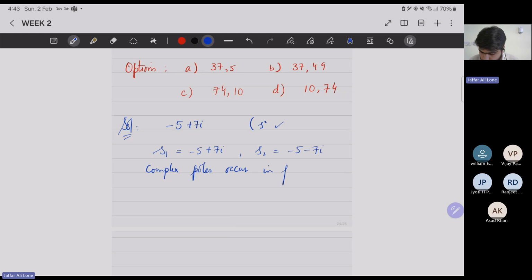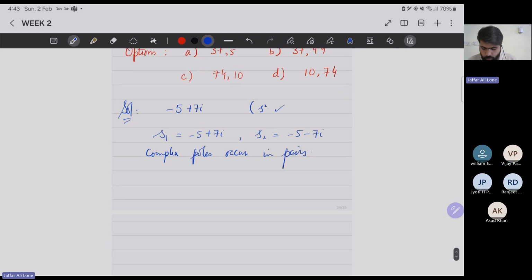Now we can reformulate the transfer function that we are given. We can rewrite the denominator as (s plus 5 minus 7i)(s plus 5 plus 7i).